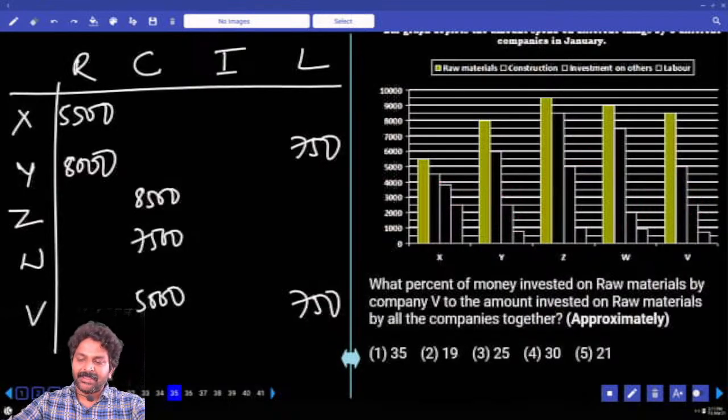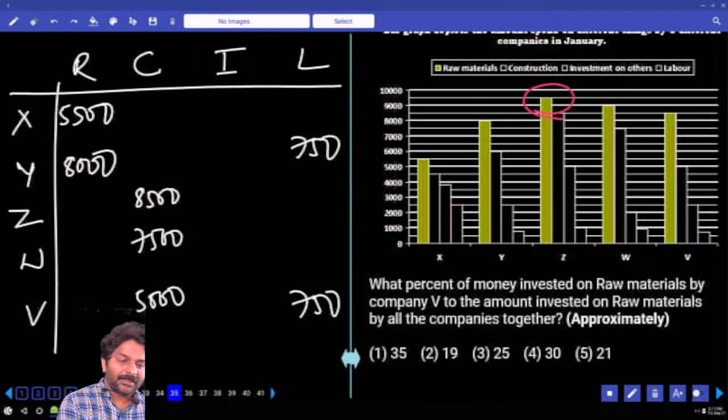What percent of money invested on raw material by company V is to the amount invested on raw material by all the companies together? So it is related to raw materials, right? First number, how much is that? Z, 9,500. Next, 9,000.